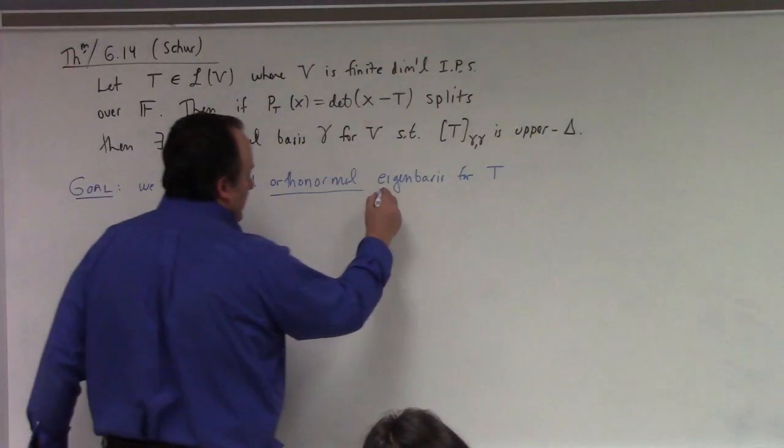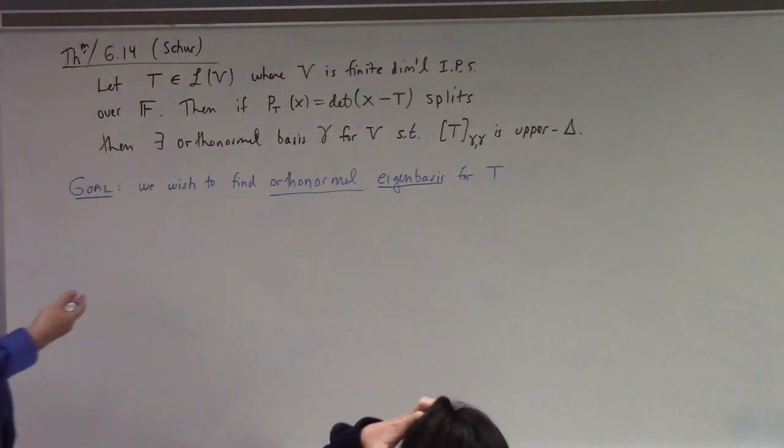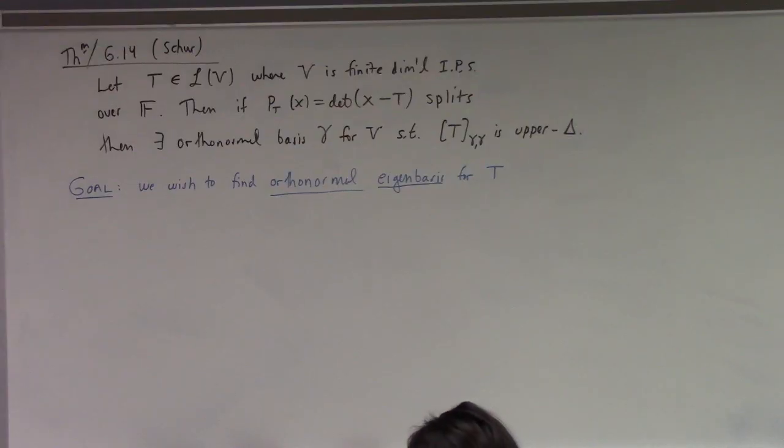Remember, the problem of finding an eigenbasis is the problem of diagonalizing, right? If you can find an eigenbasis for your transformation, you've diagonalized it. And if you can't, well then that brings us kicking and screaming into the Jordan form discussion, right?